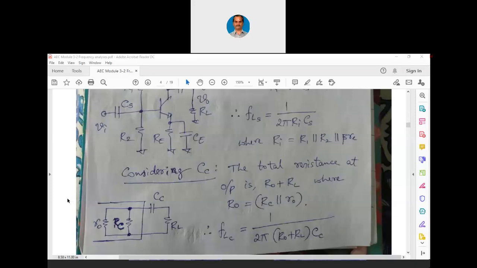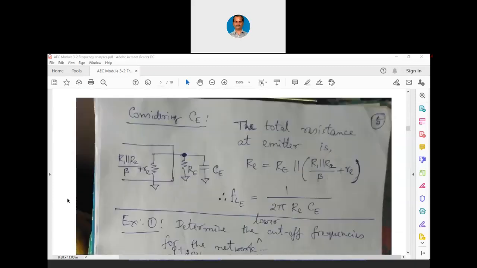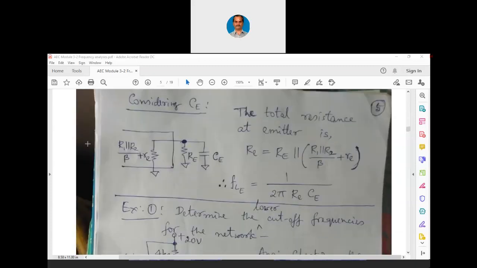Gradually we will move on to the emitter capacitance. Now considering the emitter capacitance, we can write the equivalent circuit this way. You have this capital RE, the resistance at the emitter. Then you have this CE, which is again connected to ground. But internally you have what? Internally you have R1 parallel to R2 divided by beta plus re. How did you get this R1 parallel to R2 divided by beta?